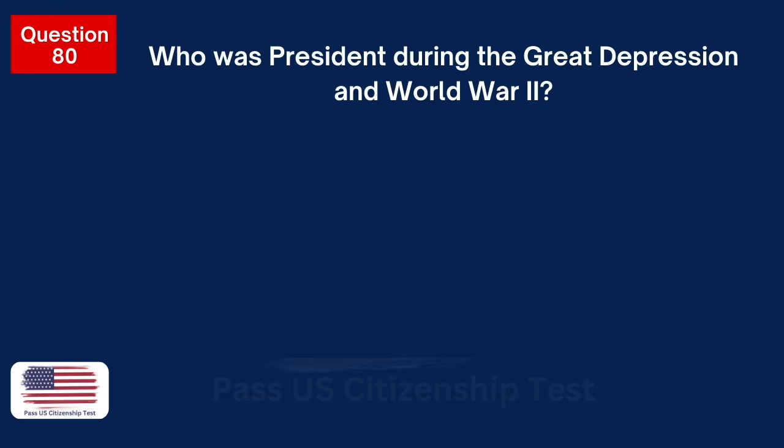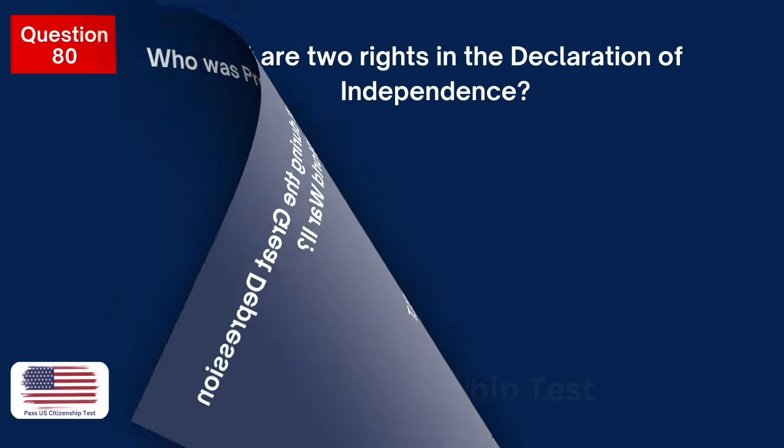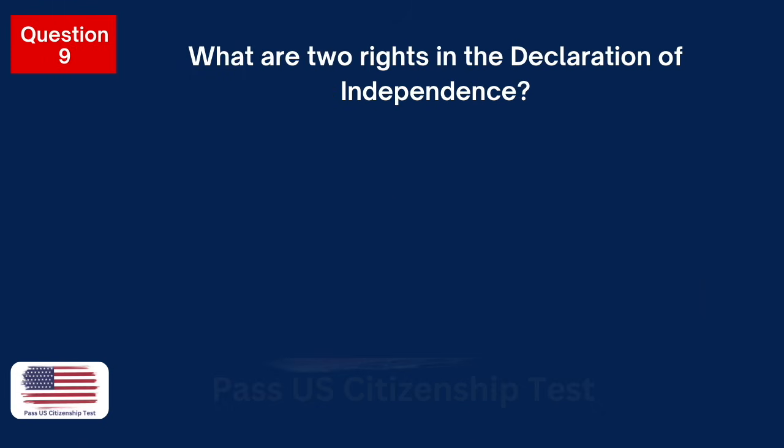Who was president during the Great Depression and World War II? Franklin Roosevelt. What are 2 rights in the Declaration of Independence?